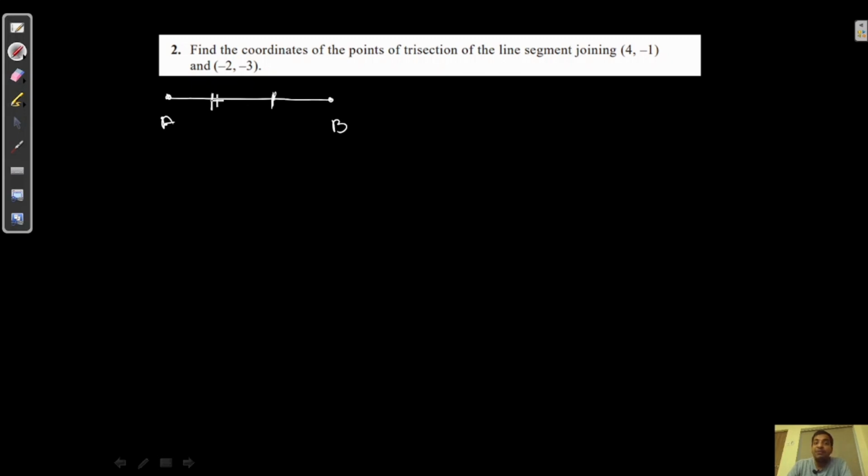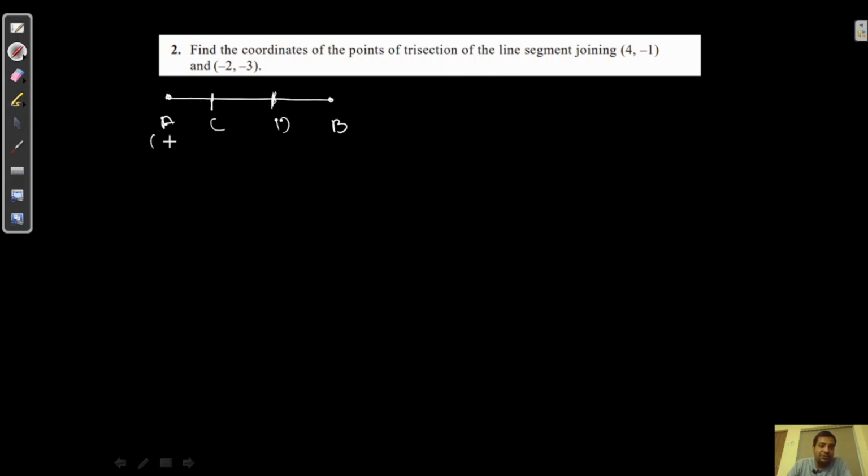So now here we have to find 2 answers that can divide the given points in 3 equal parts. That is the meaning of trisection. Meaning, let us say this is C, this is D. So trisection means we have to find point C and point D in such a way that AC should be equal to CD and it should be equal to DB.